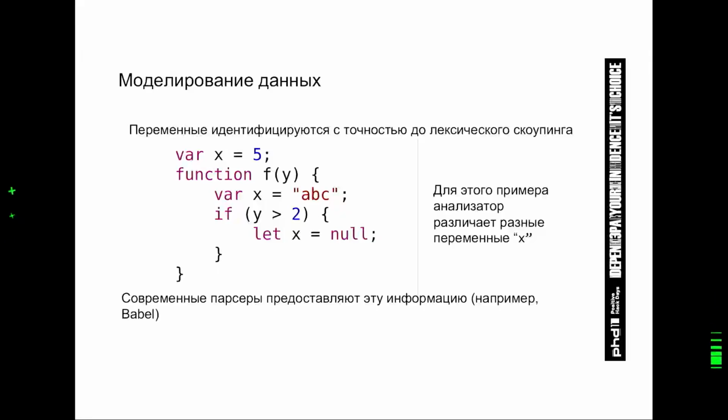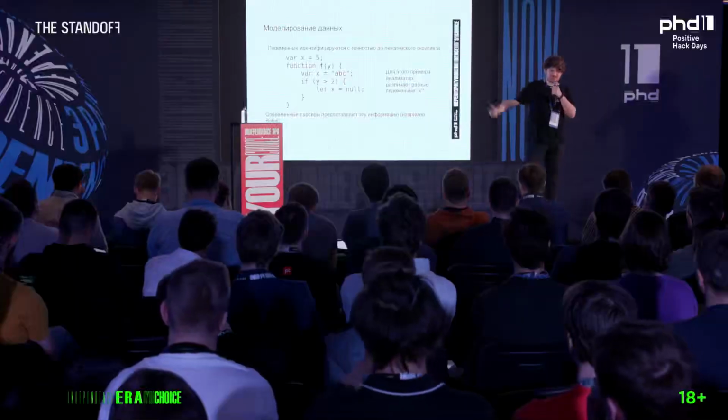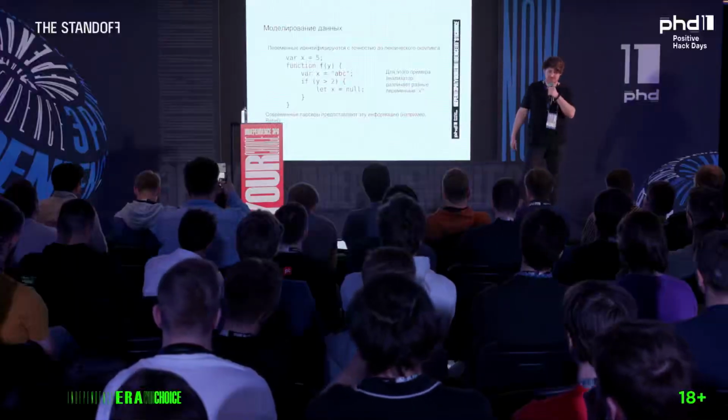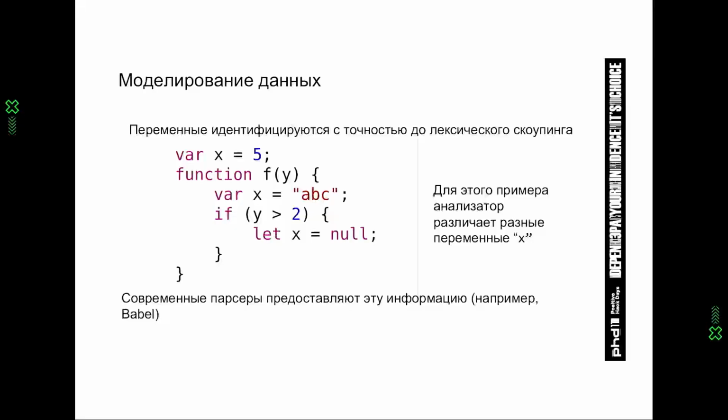And then the analyzer is incapable of understanding that a variable can take several values. If it were to remember one value, it would have to get rid of the other value. It goes all the way to lexical scoping in its identification. The analyzer would differentiate between various variables. Like we have global x, x as local to function f, and one x in a block.